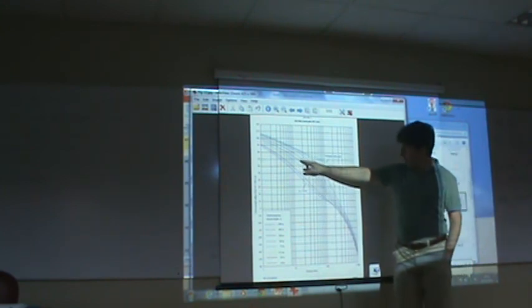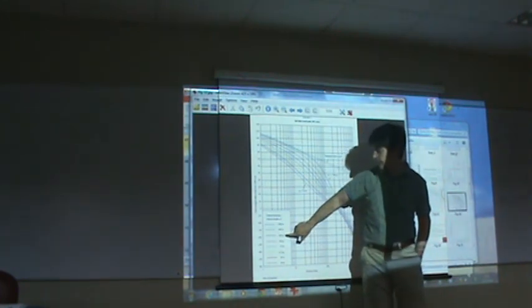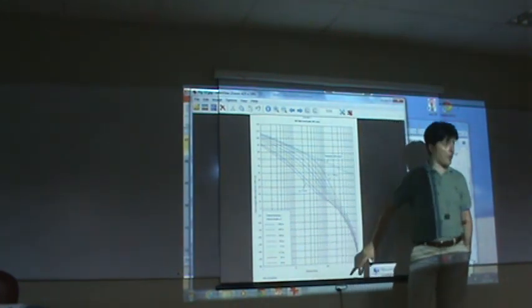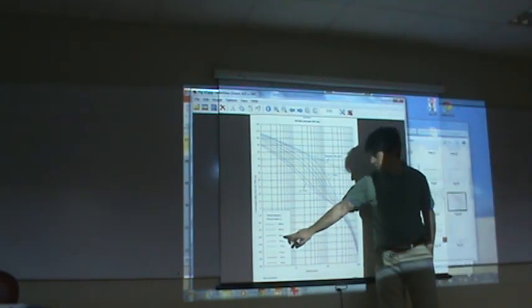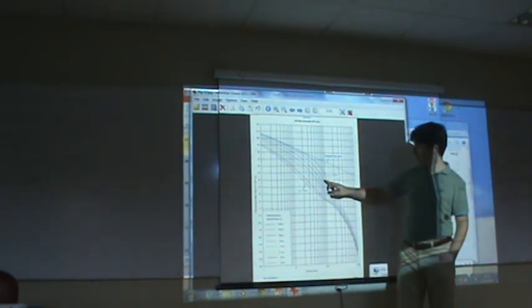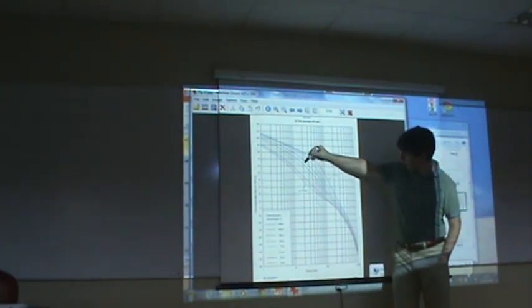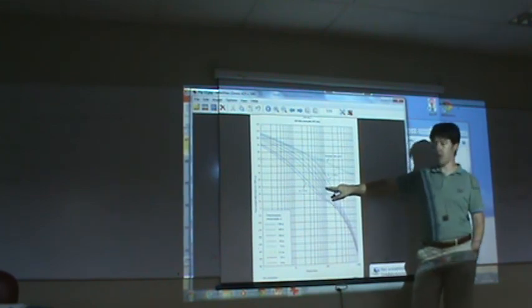Then we have to identify the curve relevant to the transmitter antenna height, 300 meters. So it is this curve here. You will appreciate it more precisely on your version.